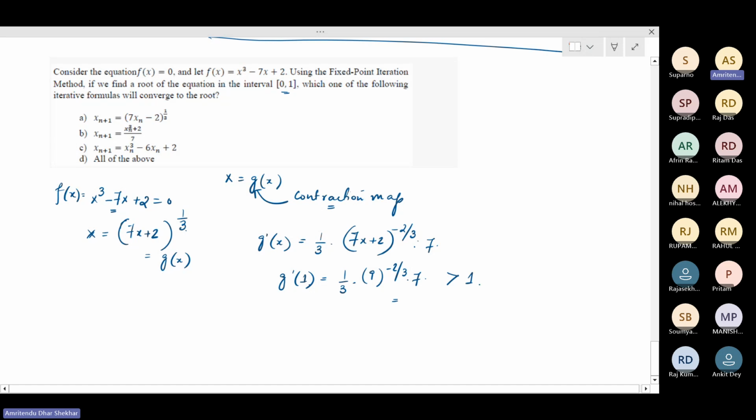In general, the mod of g dash x is greater than 1. So if mod g dash x is greater than 1, then you are guaranteed that this will never converge to the fixed point.